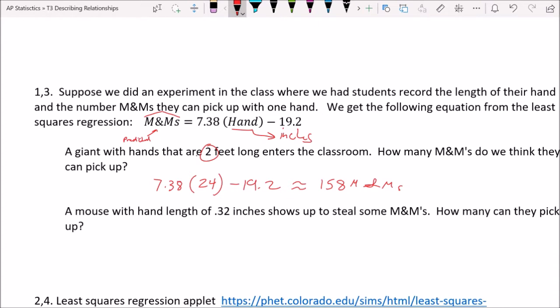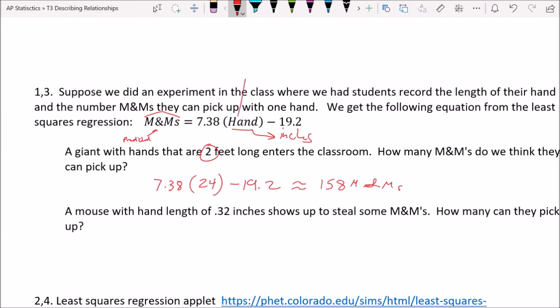Now, why is that extrapolation? Well, think about how big your hands are, the length of your hand. My hand is maybe 8 inches or something like that. A really small person's hand might be 4 or 5 inches. A really big person's hand, like an NBA player, could be as big as a foot.